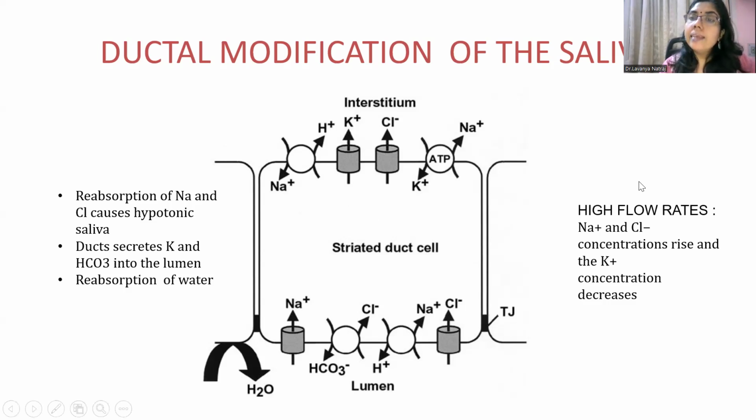During high salivary flow rates, you will have sodium and chloride concentration at a higher level and the potassium concentration decreases. This will reverse in the case of low flow rate. The sodium and chloride concentration decreases and the potassium concentration increases. So this is the ductal modification of saliva that occurs in the striated duct.